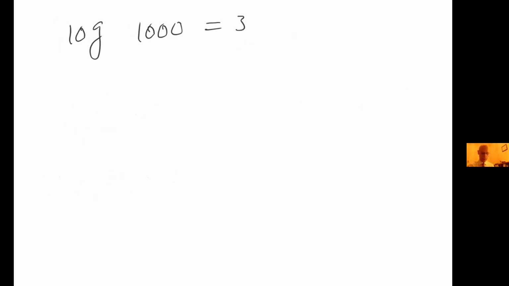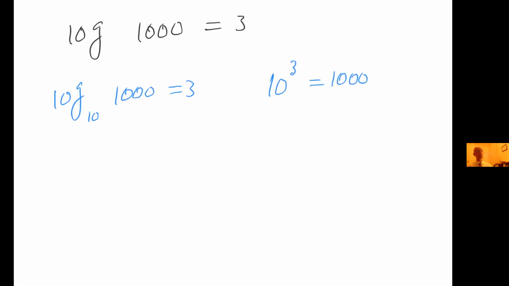Well, here I know this is the same as log base 10 of 1000 equals 3. So in exponential form, I have 10 to the power of 3 equals 1000.